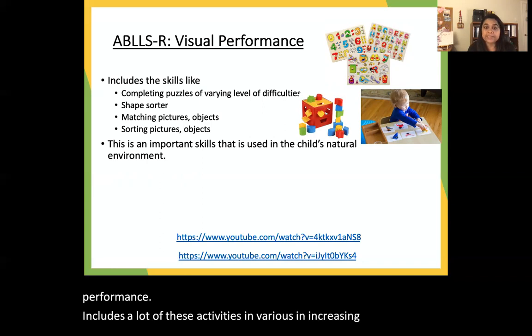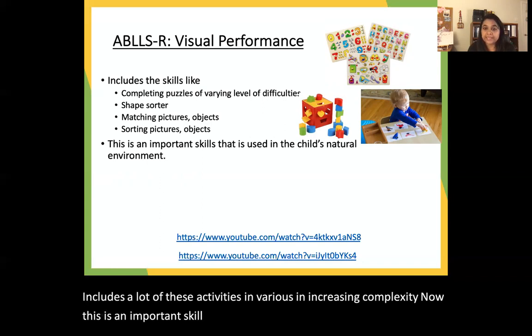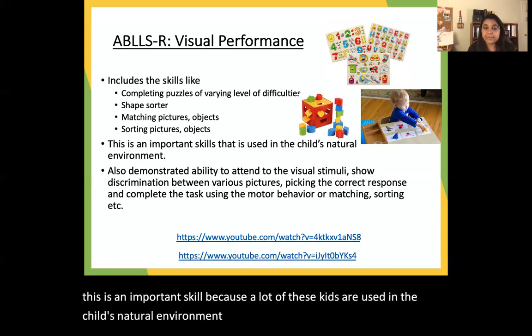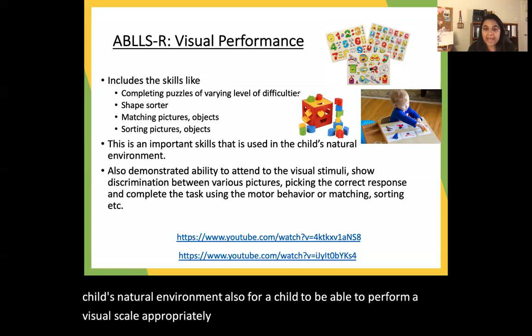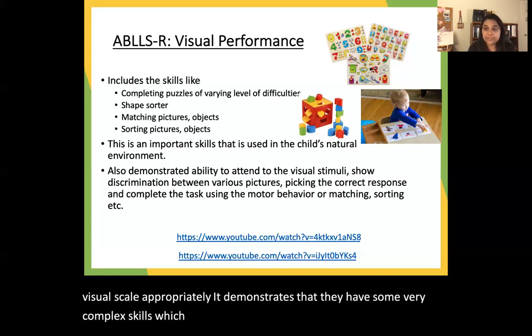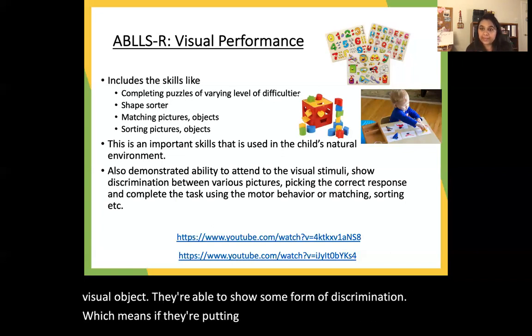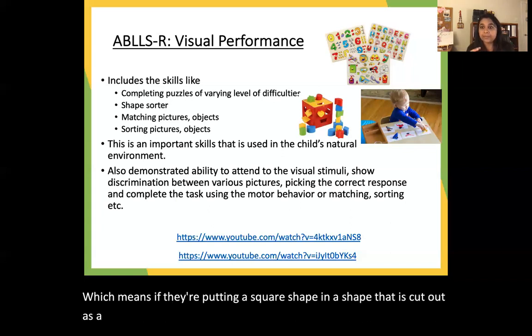This is an important skill because a lot of these skills are used in the child's natural environment. Also, for a child to be able to perform a visual skill appropriately, it demonstrates that they have some very complex skills, which means they are able to attend to a visual stimulus or a visual object. They are able to show some form of discrimination. If they are putting a square shape into a cut-out square, then not only are they attending to the square piece, they're also attending to the cut-out shape.